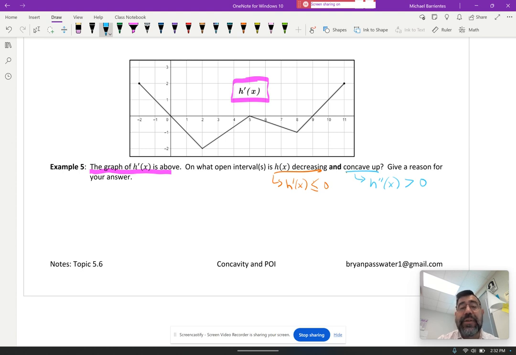So that's what we've been doing the last couple of sections, connecting the behavior of the graph with a calculus concept. So decreasing has to do with the first derivative being negative. Concave up has to do with the second derivative being positive. But we are given the graph of h prime. So then here, I guess we can say, when is the graph of h prime under the x-axis?